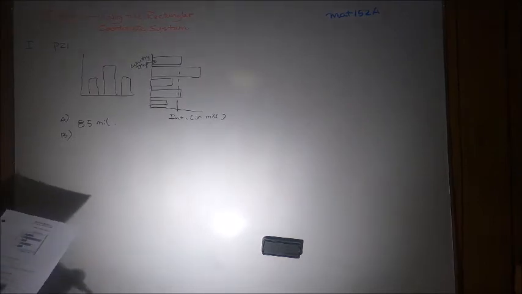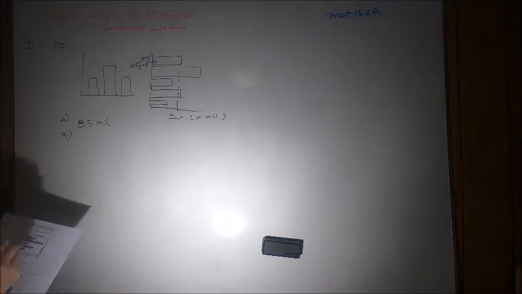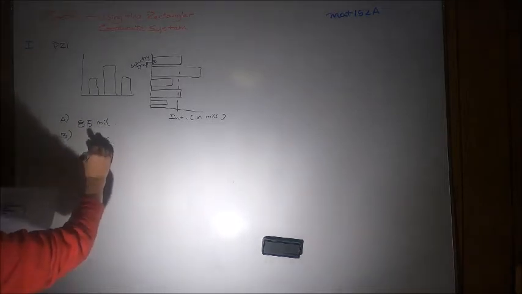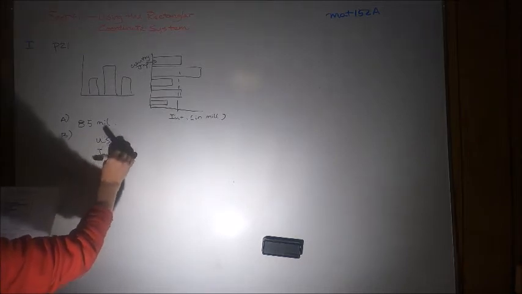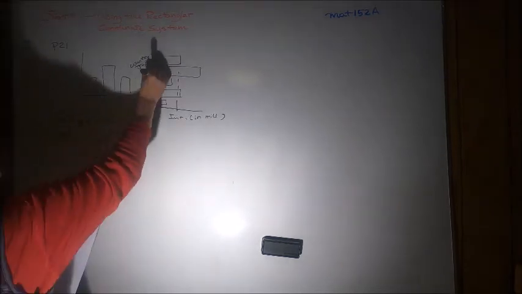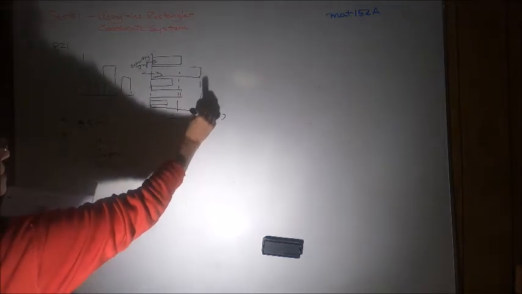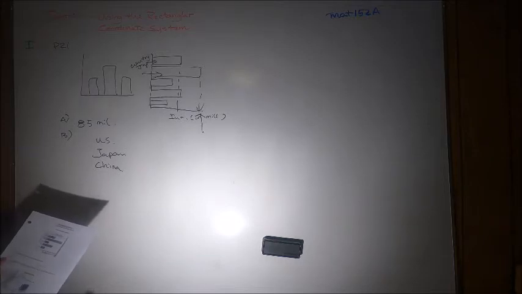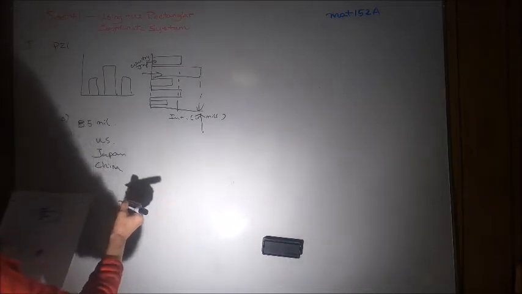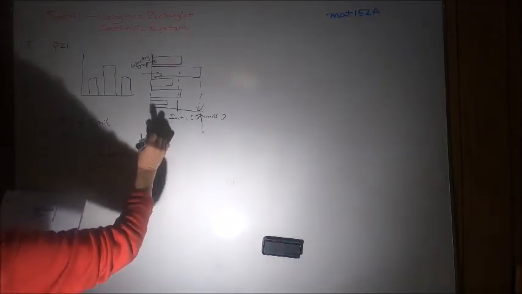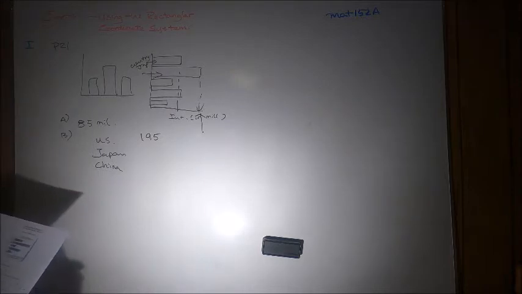Then for the next one, it says find the sum of the number of internet users in the US, Japan and China. How will you do it? So you look at the US, that's the US, right? Then you match with the indications there, which will be around how many? Almost 200, so you say, okay, 195 millions.